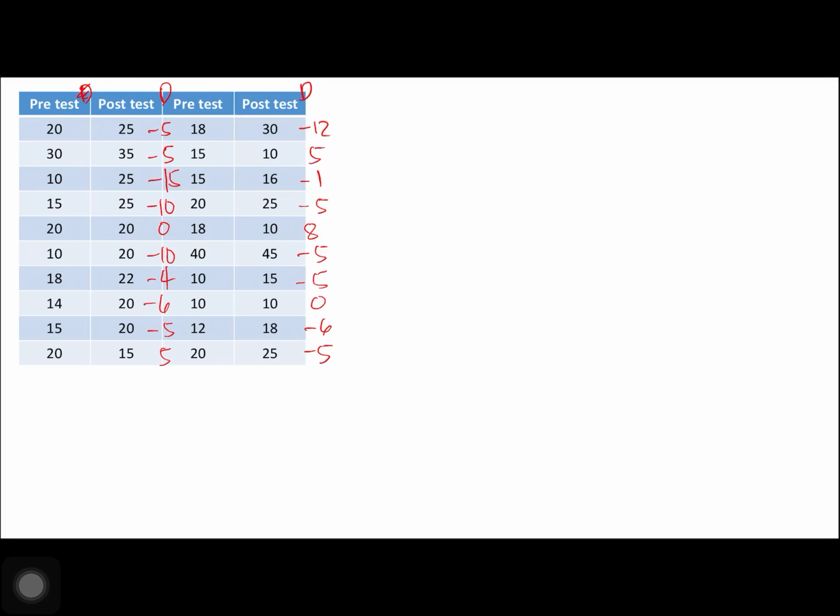So let us compute for the summation of D, D bar, and summation of D squared. Okay?